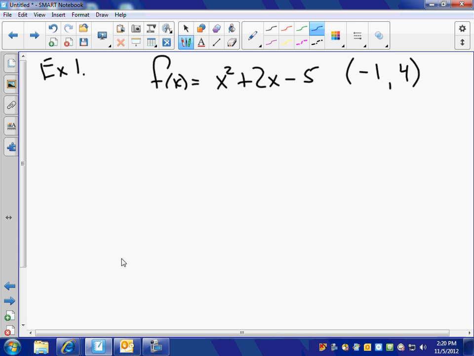If I want to find the average rate of change, I identify A and B, f of A, and f of B. A for the day, what's A in this situation? -1. What's B? What is f of A?